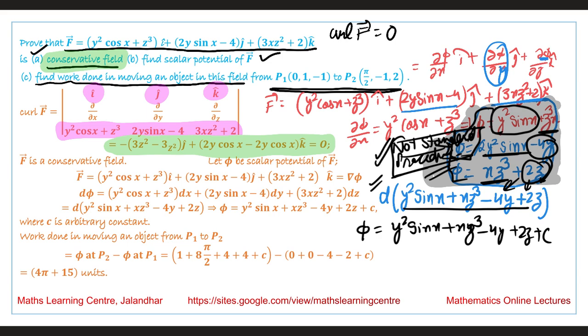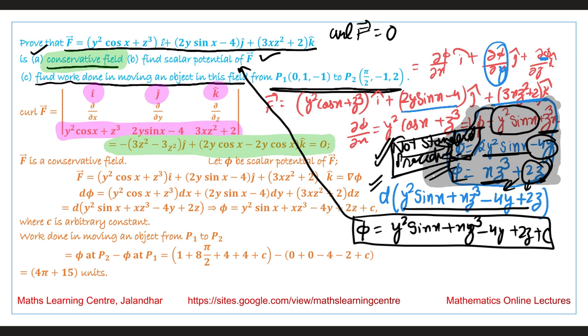So the required scalar potential function is this. Now we have to calculate the work done in moving from the point P1 to P2. It means the value is phi at P2 minus phi at P1.